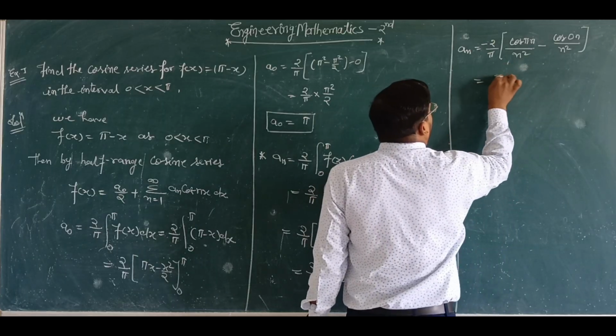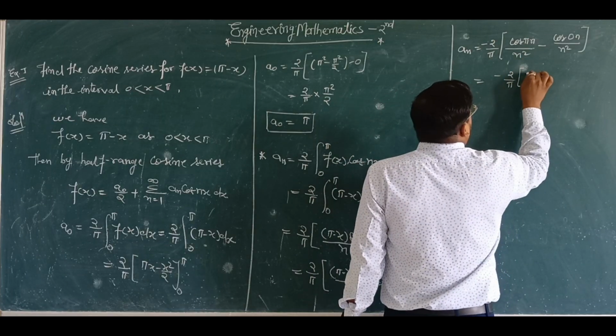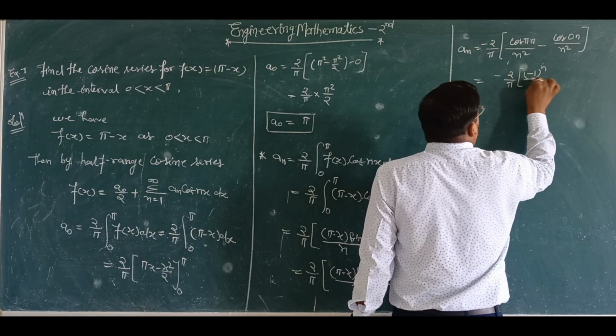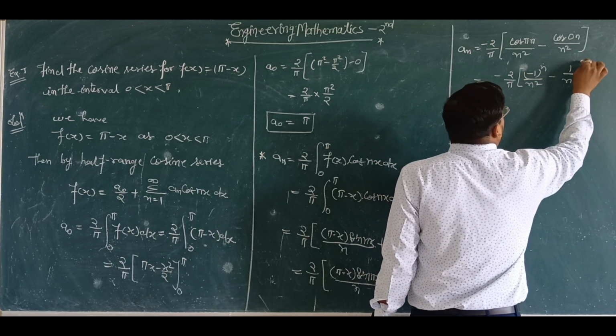Now you can write minus 2 upon pi bracket. This is minus 1 to the power n upon n square minus 1 upon n square.